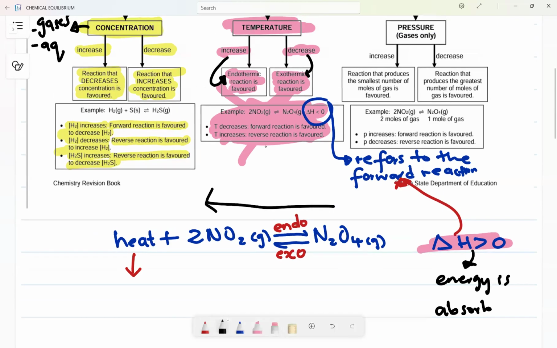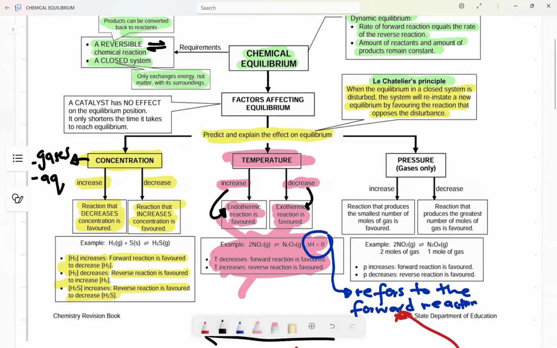I forgot whether Le Chatelier is a male or female, but Le Chatelier is someone's surname. I think he is a French scientist, if I remember my theory well. You do not need to know this. They will not ask you in a multiple choice.